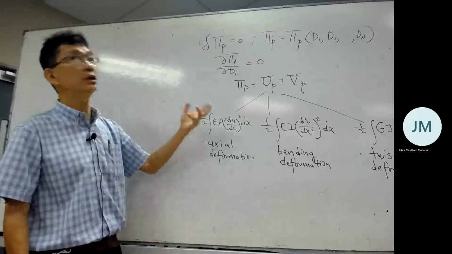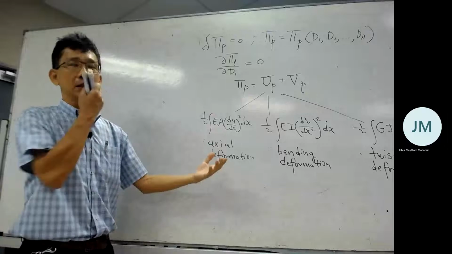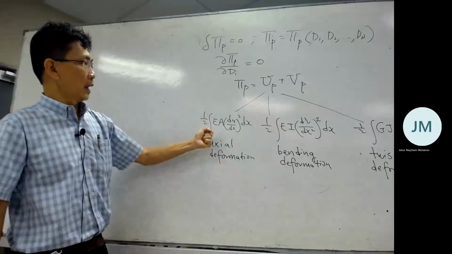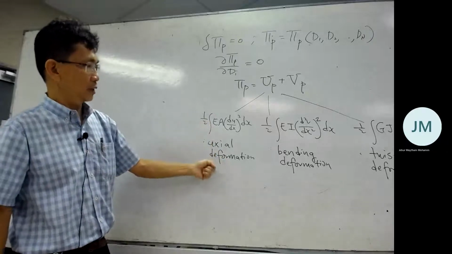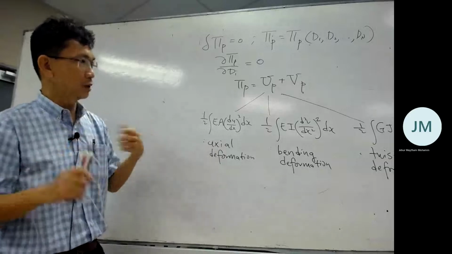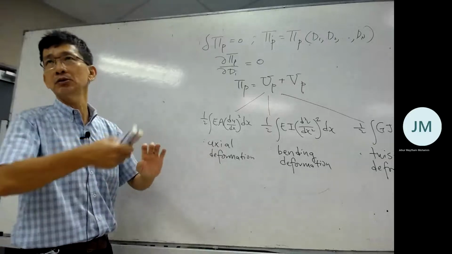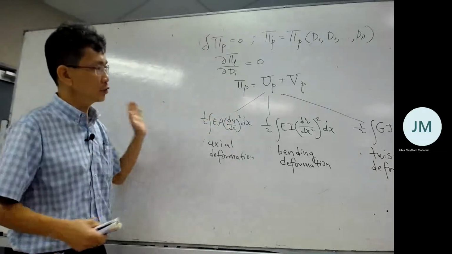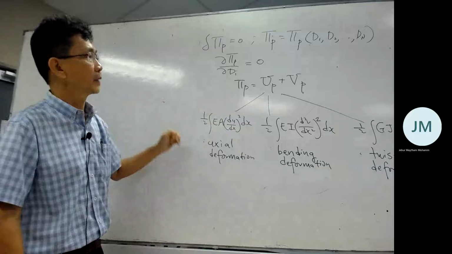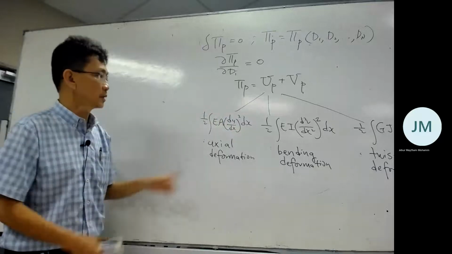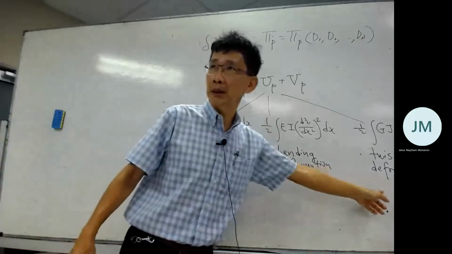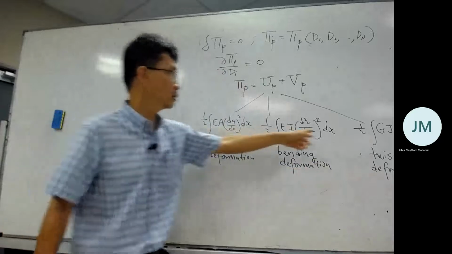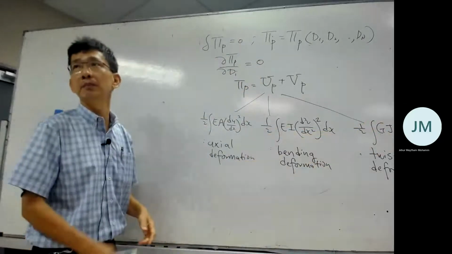If you consider a 2D problem, then of course it has its corresponding strain energy equations for axial deformations, bending in 2D, or twisting in 2D. So we look at the basic concept of solving using a 1D problem. So this is for U P. All this you have to remember, and what they are.